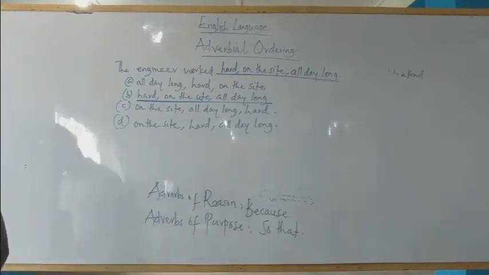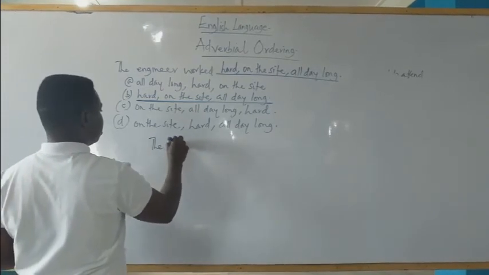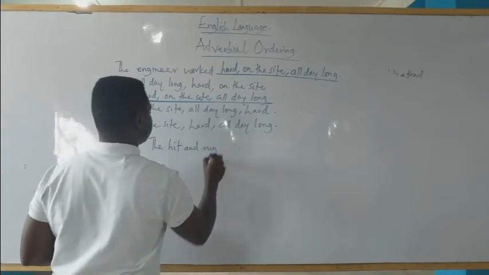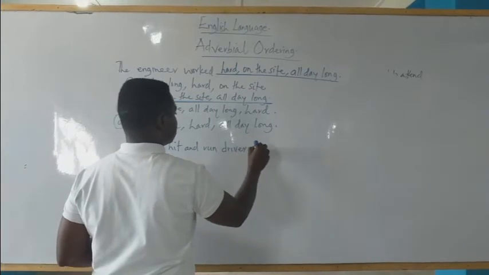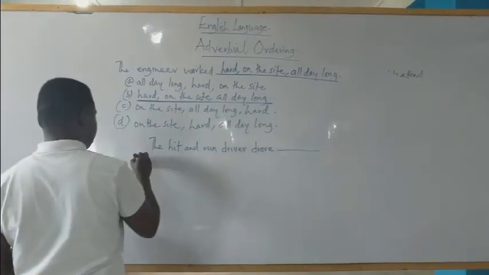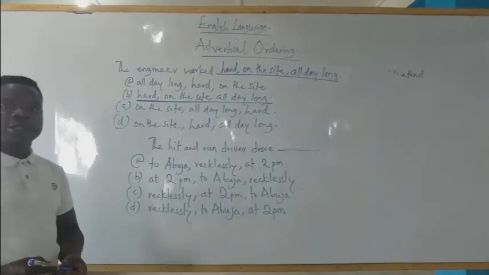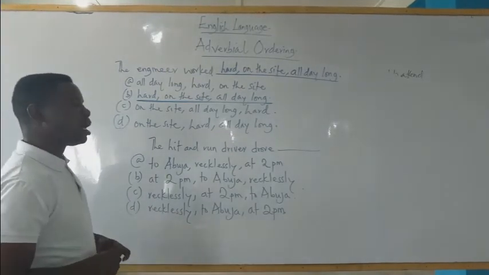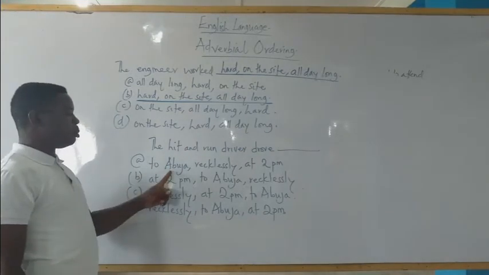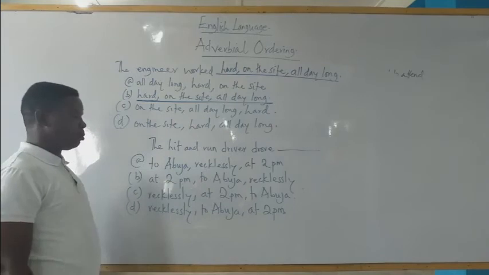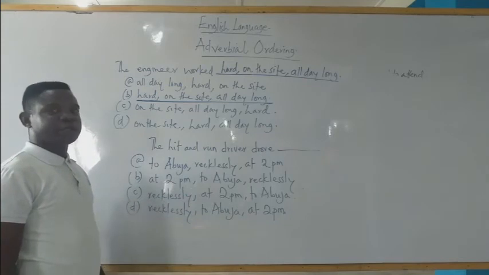More examples on that. Example 2: the hit and run driver drove dash. Look at this example on the board. Option A, drove to Abuja recklessly at 2 p.m. Option B, drove at 2 p.m. to Abuja recklessly.